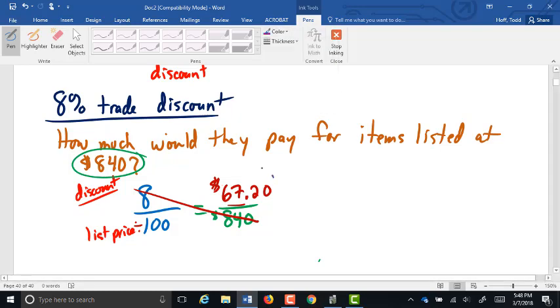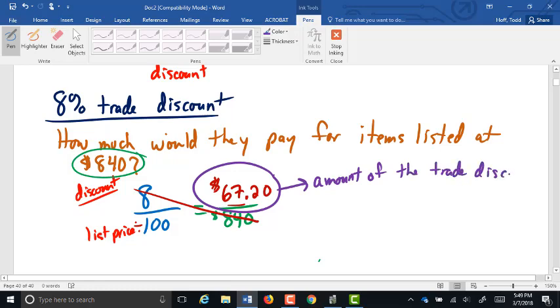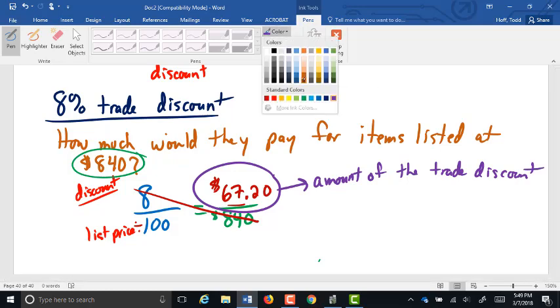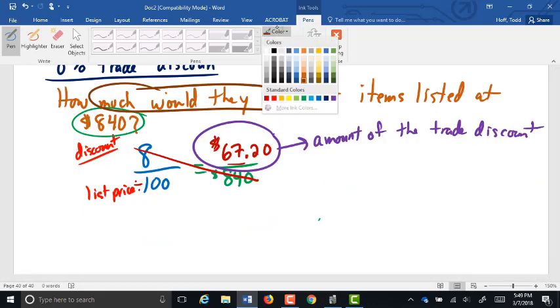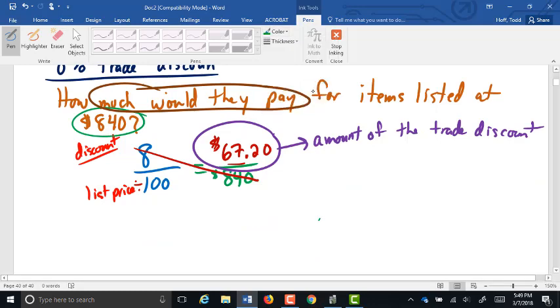That is the amount of the trade discount. However, we don't want the trade discount. We want how much they would pay. The amount they pay is referred to as the net price.